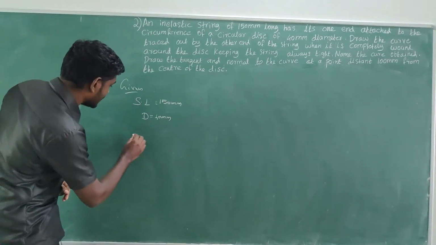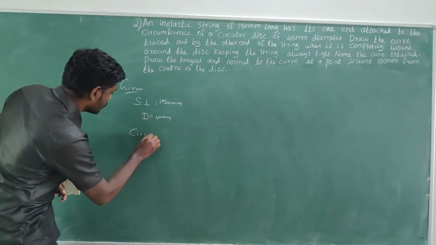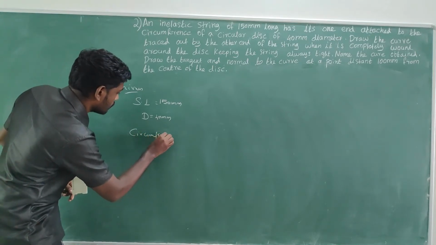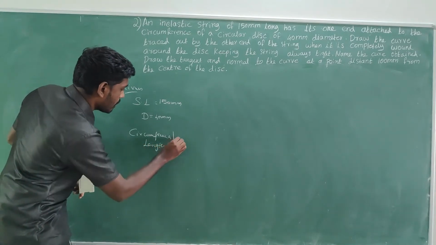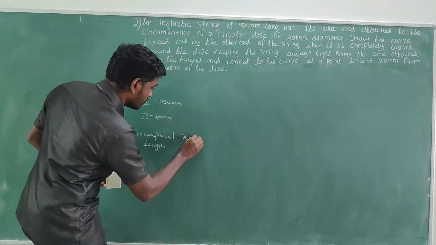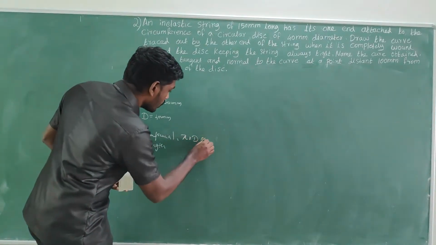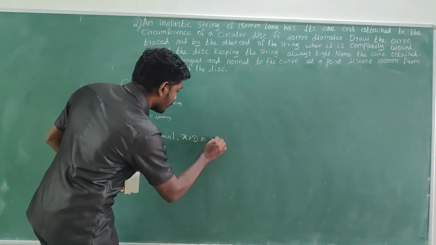First take the circumferential length. How will you calculate it? Pi into d, or in terms of radius, 2 pi r.